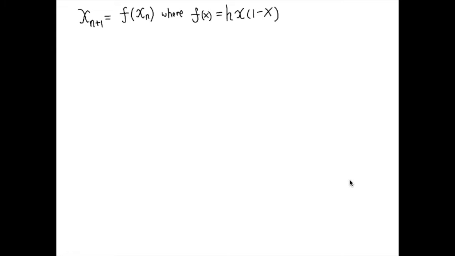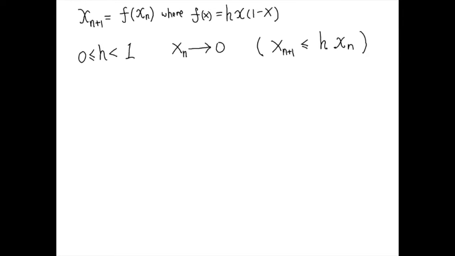Let's summarize what we saw here. When h is between 0 and 1, we see the population of flies goes to 0. This can be seen very easily from the relationship between the population of the previous day and the next day.